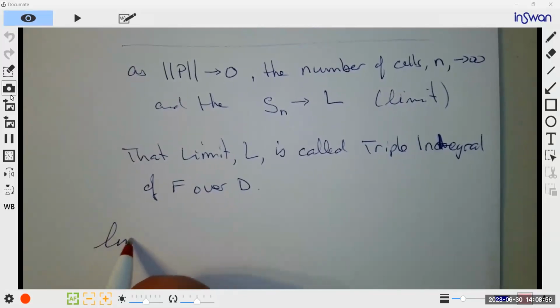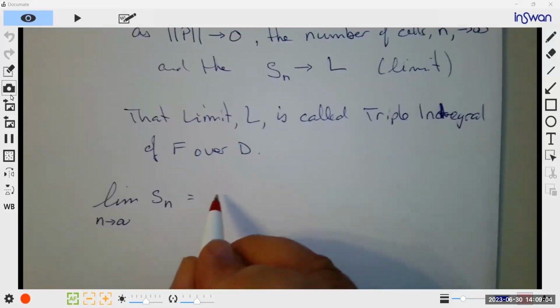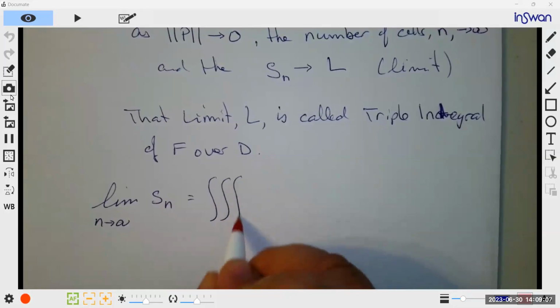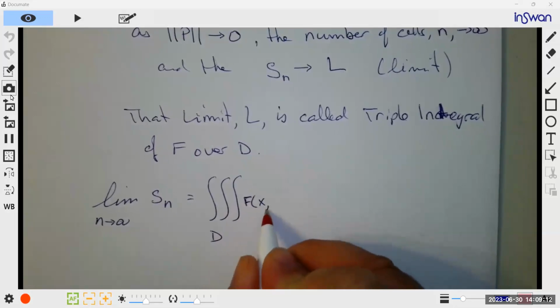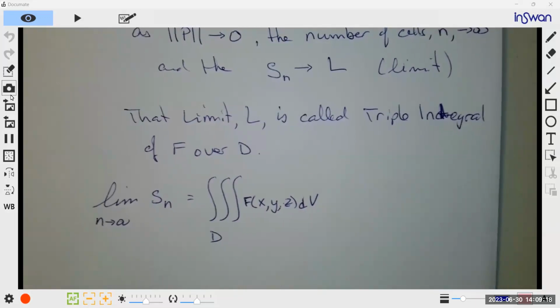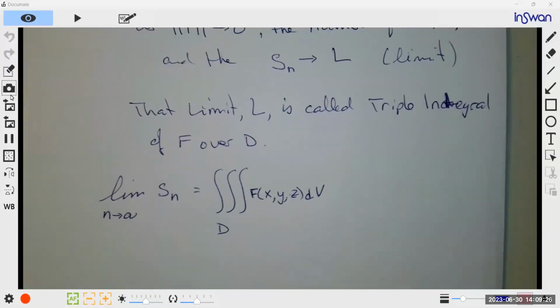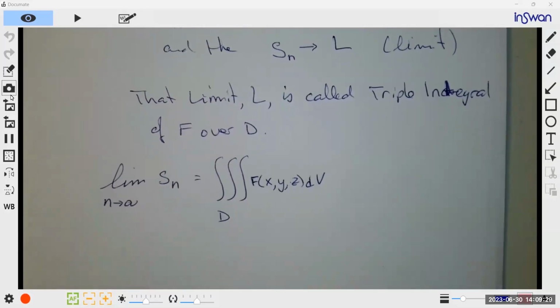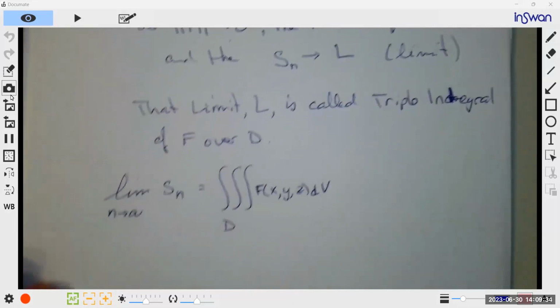So this, remember, we're saying as our n's go to infinity, the sum of all those becomes our triple integral over D of our function times our volume, the dV. We're integrating it with respect to our volume. So this actually relates to our norm aspect.